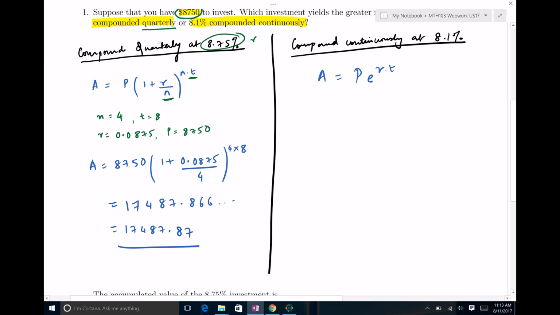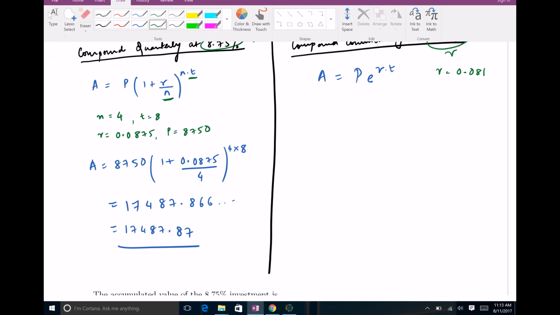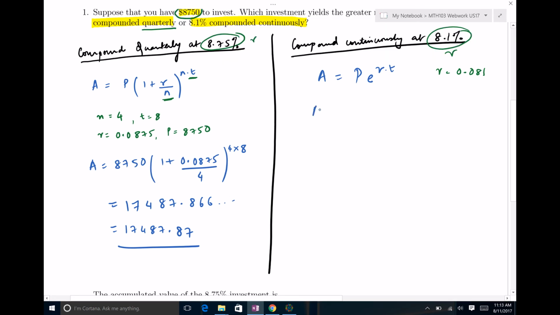P and T remain the same. So in this case, R is going to be 8.1%. So R is going to be 0.081. T and P are as in the previous case. So we have A equals 8750 times E to the R, which is 0.081 times 8.